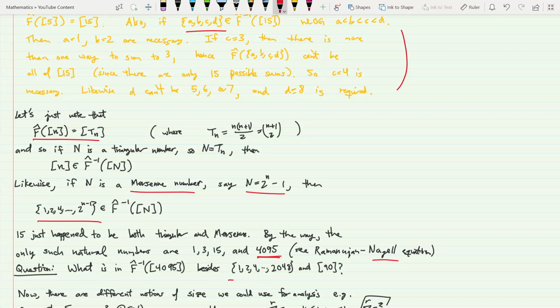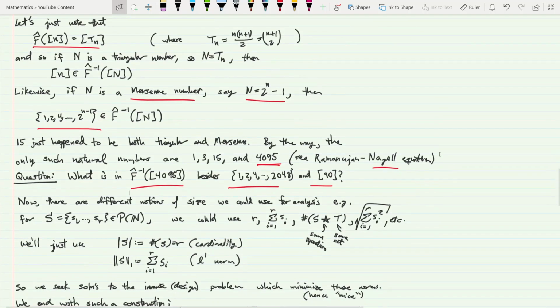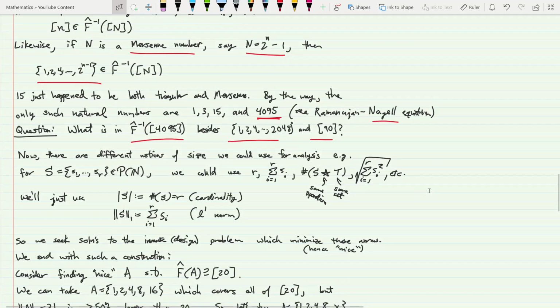There might be more than just these two in this preimage of 4095. I don't know what that is. I'm sure it's very large actually. But a question to you: see if you can find that. I'm sure you can write a computer program to find this, but can you say anything beyond that? That is perhaps the interesting part.